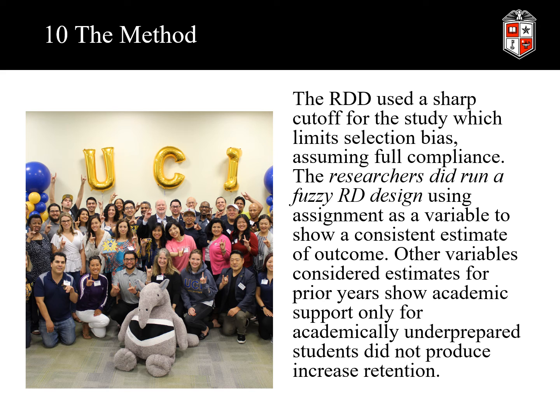Slide 10, the method. The RDD used a sharp cutoff for the study, which limits selection bias, assuming full compliance. The researchers did run a fuzzy RD design using assignment as a variable to show the consistent estimate of outcome. Other variables considered, estimates for prior years, show academic support only for academically underprepared students did not produce increased retention.